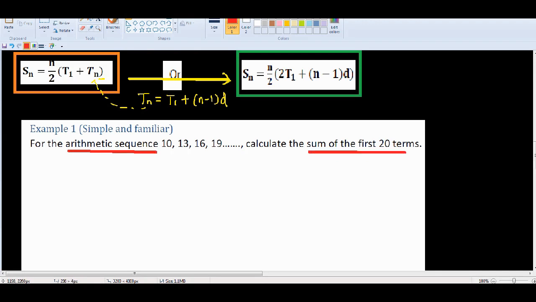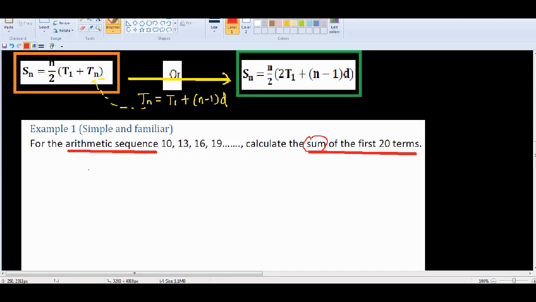Don't confuse this with the questions we've learned before, where sometimes we find the 20th term. This is not about the 20th term, but the sum of the first 20 terms.